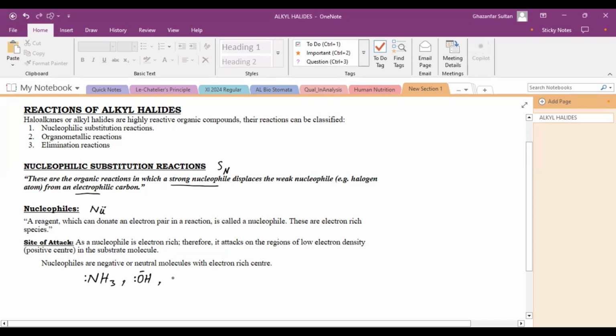Similarly, water itself may act as a nucleophile in several reactions. So a nucleophile can be a negative species, for example hydroxide or cyanide, or it can be a neutral species just like water and ammonia.